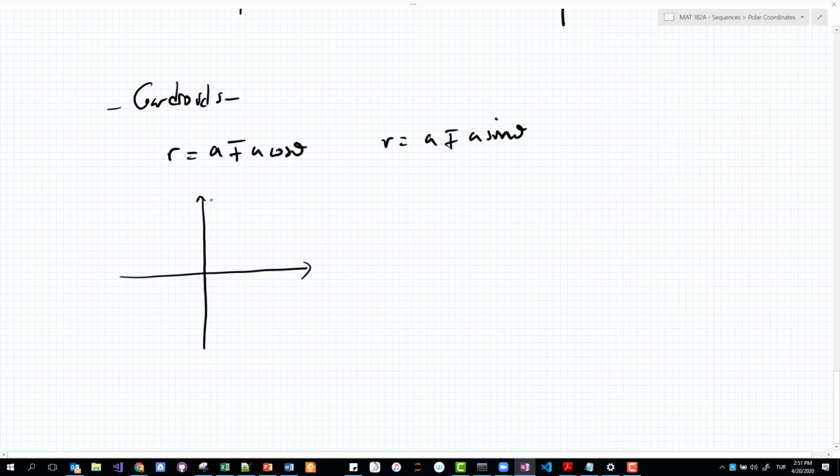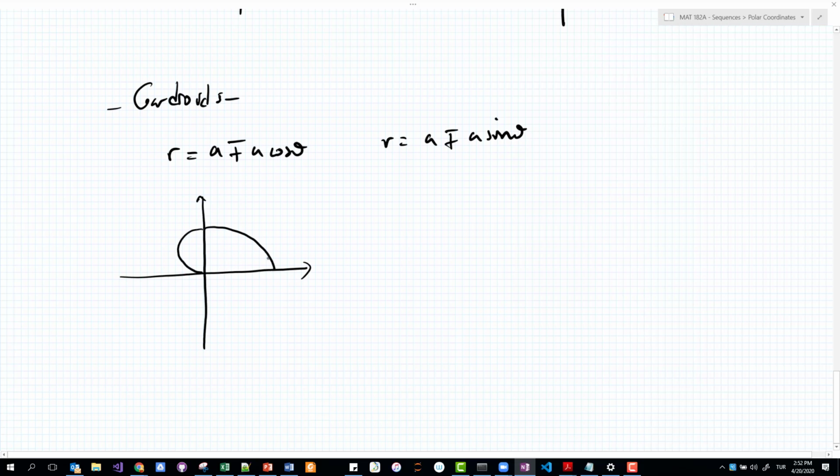Look at that, when I have a plus a cosine theta, this will make my shape larger. The bigger side of this shape is going to be at this point, and I'm going to have the heart here.